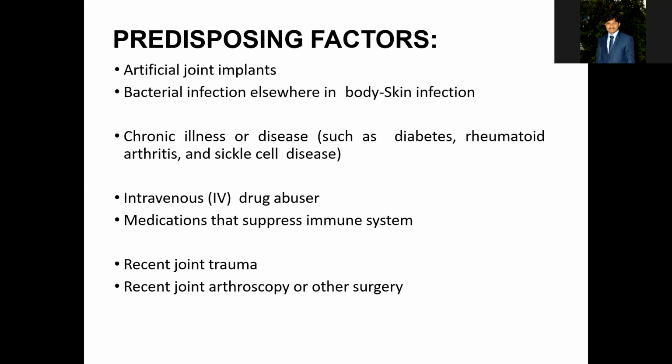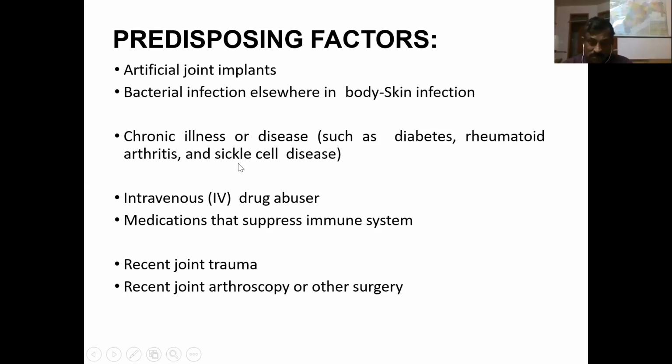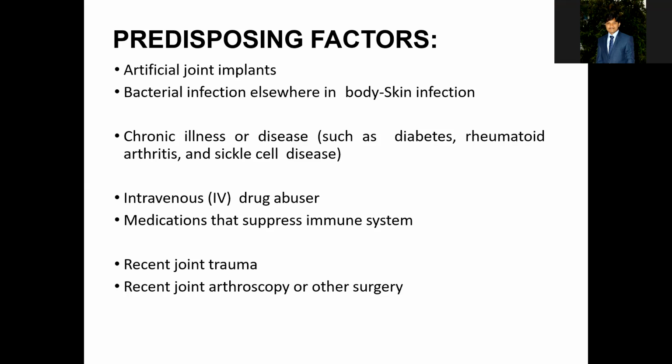I think you have just copied the things. You have not read it and understood. So the question for next time, you will answer in short: why is there monoarthritis in IV drug abusers? Yes, sir. Go ahead.